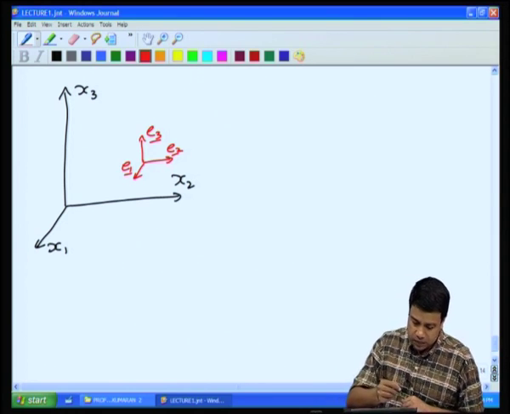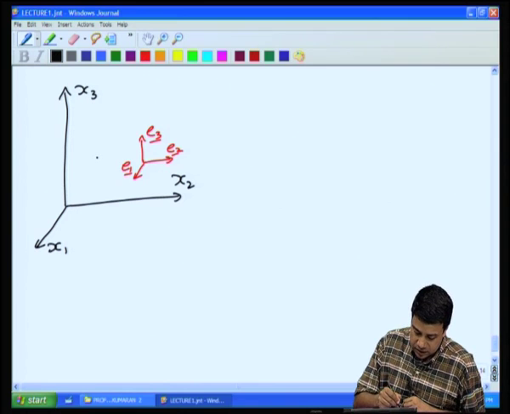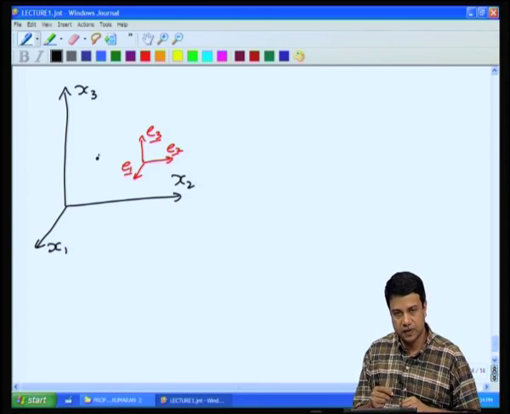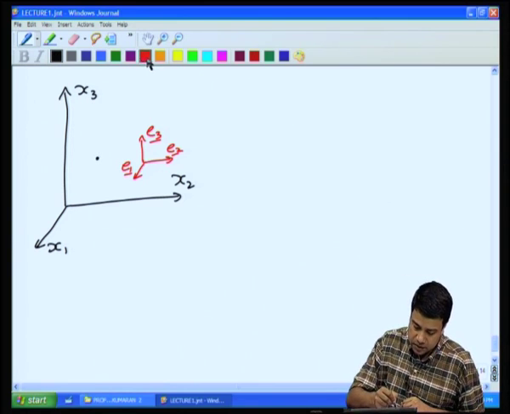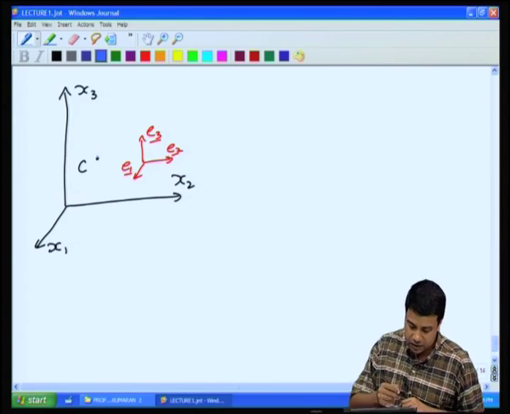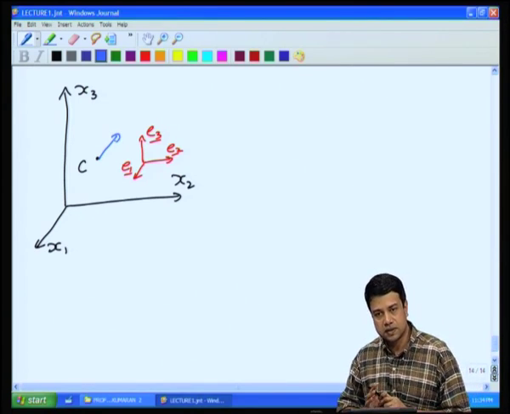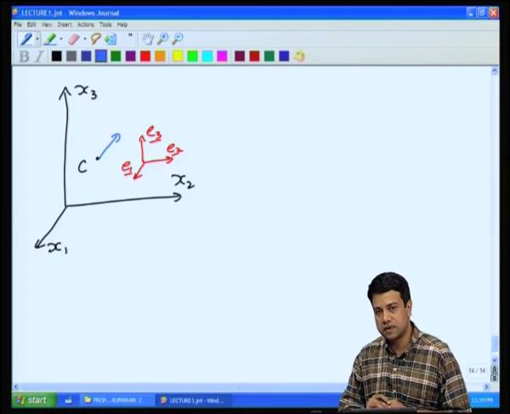So, we have a concentration field at one particular location. It is a continuously varying function. At that particular location, if C is the concentration, I can also define a flux vector, that is the direction of transport of concentration.